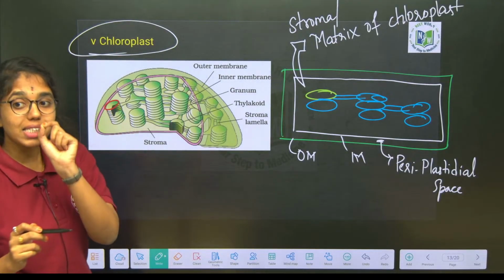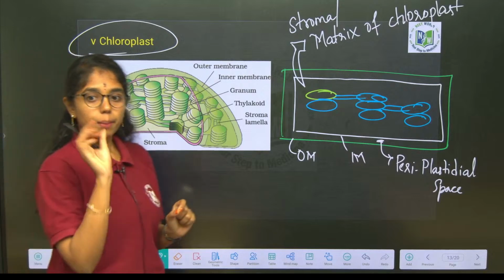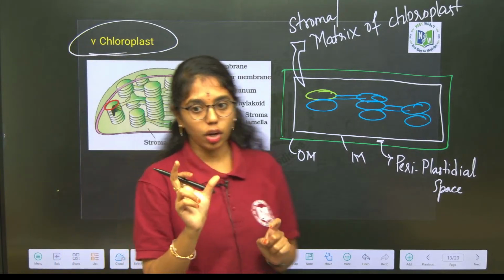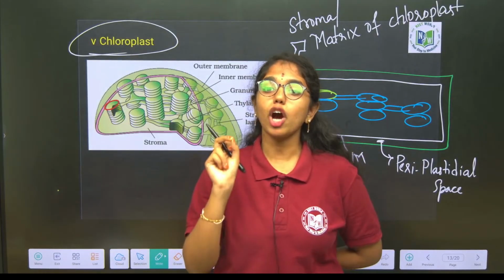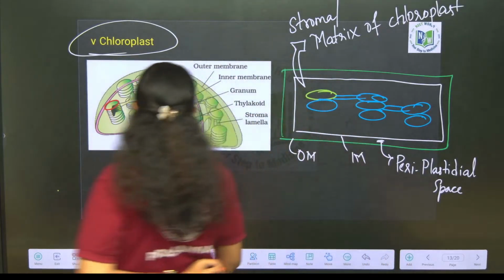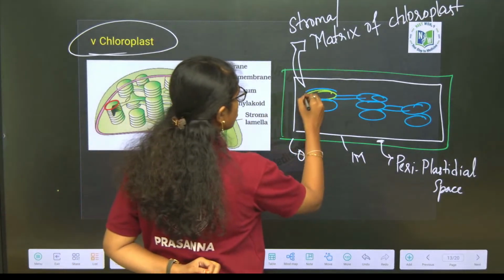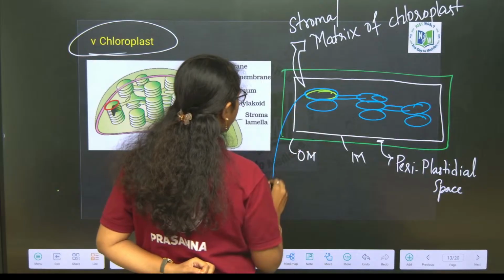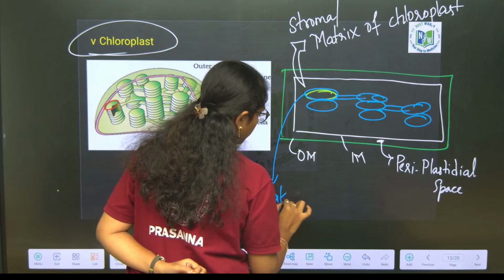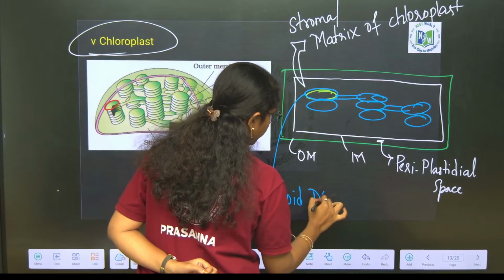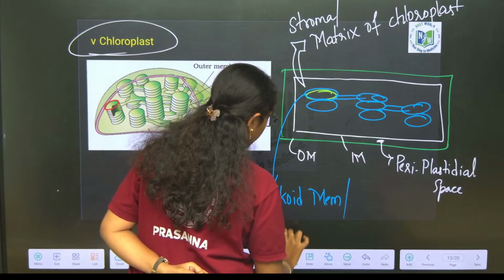These membranous sac-like structures are called what? Thylakoids. The membrane of the thylakoid is called thylakoid membrane or thylakoid lamellae.